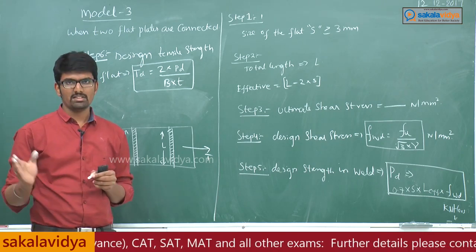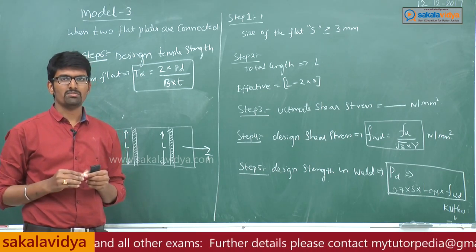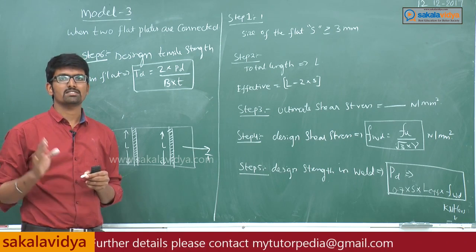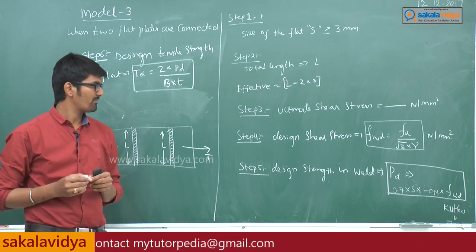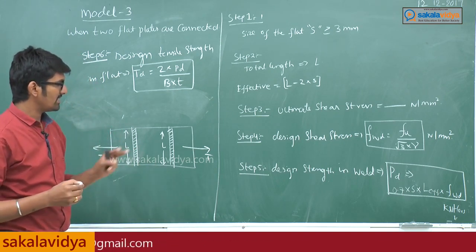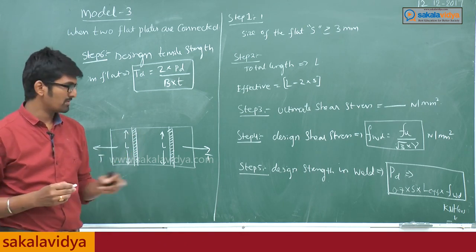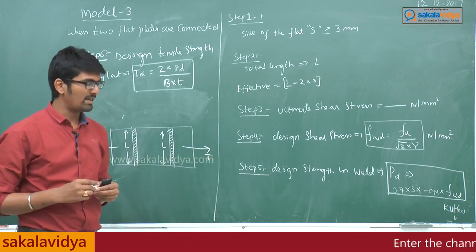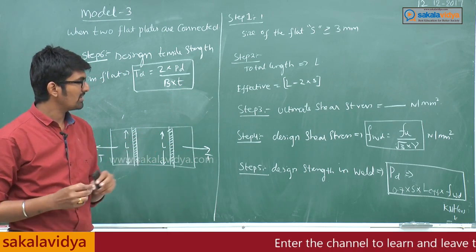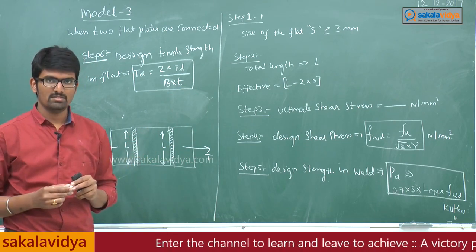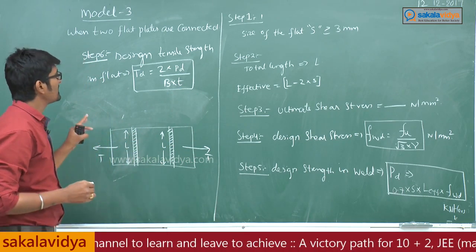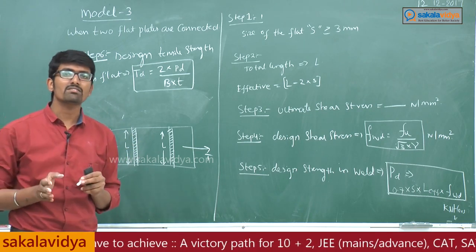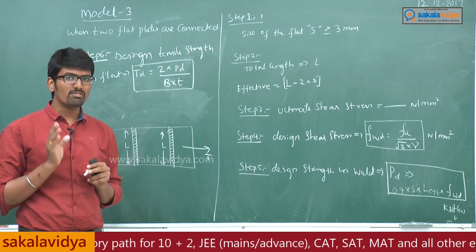If the weld is done in the workshop, it is 1.25. If the weld is done at the site, it is 1.50. The fifth step is the design strength in the weld, PD is equal to 0.7 into size of the weld into effective length into design shear stress. So, in this particular case, we need to find the design tensile strength of the plates or flats.